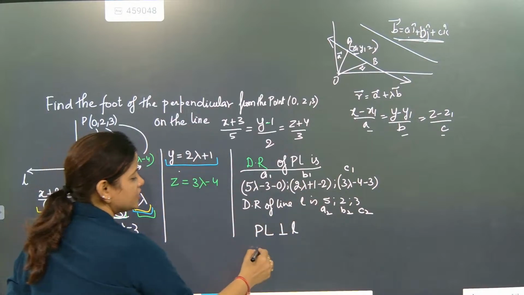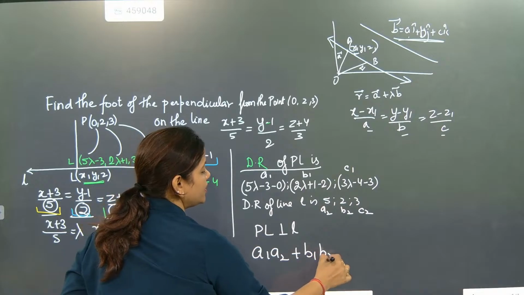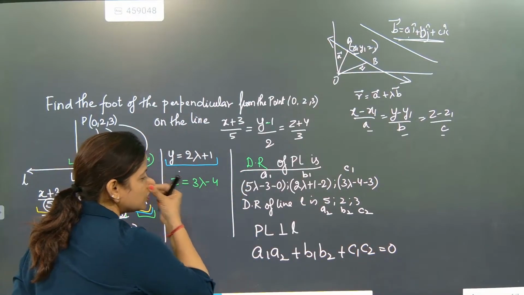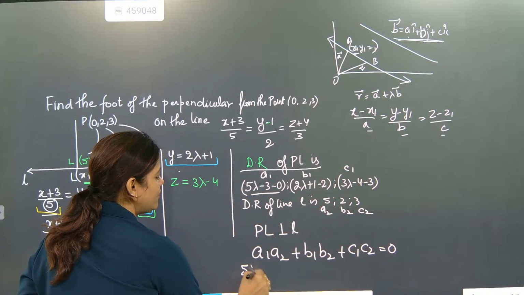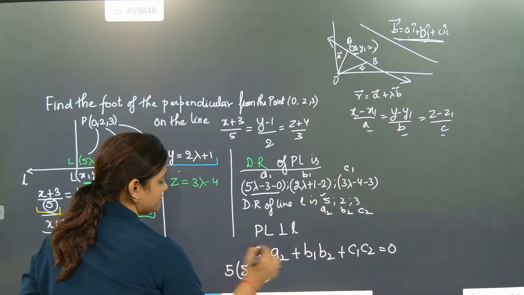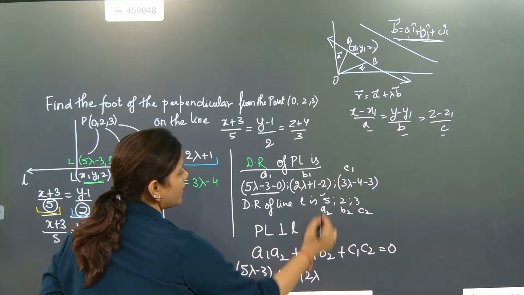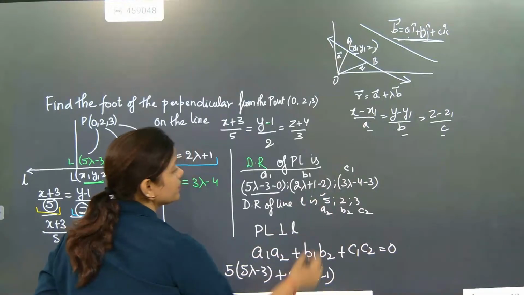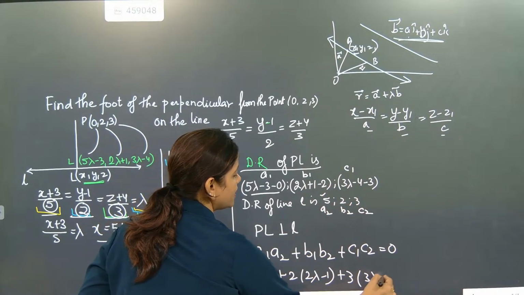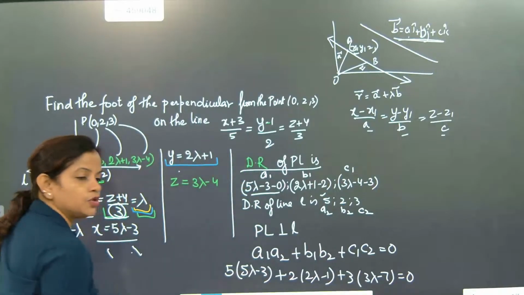So A1 A2 plus B1 B2 plus C1 C2 will be equal to 0, beta. So this one, that is 5 lambda minus 3, will multiply with what, beta? 5. Now 2 will multiply with 2 lambda minus 1 and 3 will multiply with 3 lambda minus 7, and this will be equal to 0.